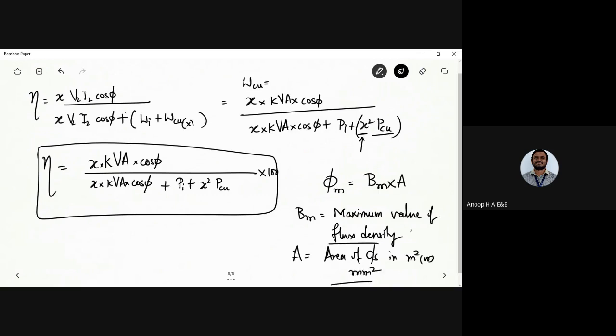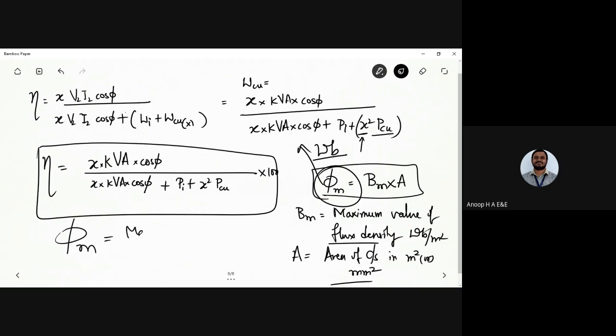The flux we call in Weber. So phi m is equal to Bm into A, the maximum value of the flux.